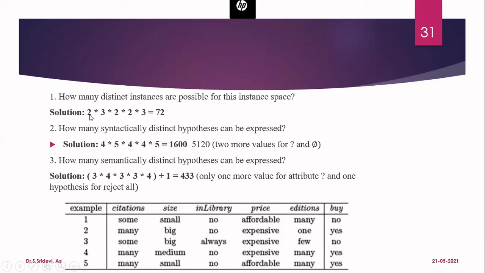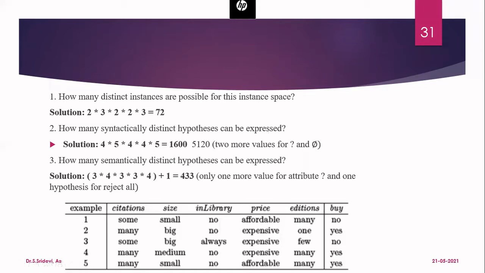So 2 will be changed to 4, 3 will be changed to 5, the next 2 will be 4, and so on. If I multiply, I get 1600. It is not 5120, it is 1600.